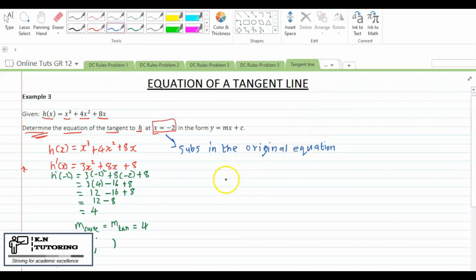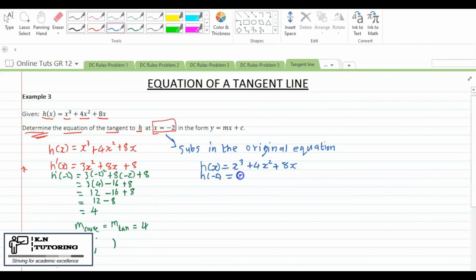Okay, so what equation is that? It says h of x equals x cubed plus 4x squared plus 8x. I substitute h of minus 2. Functional notation again.